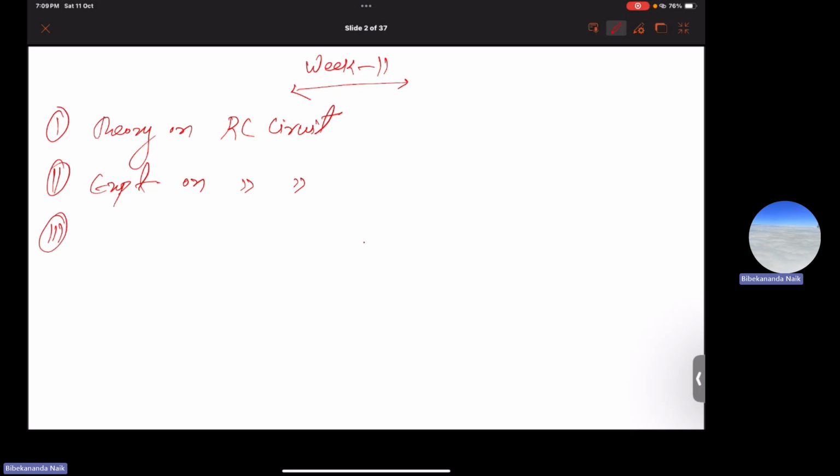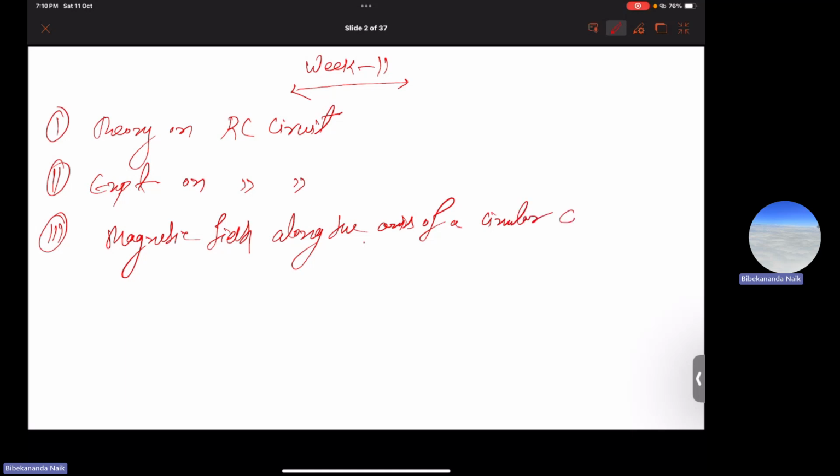Then the third lecture was the magnetic field along the axis of a circular coil. Then an experiment regarding that concept.